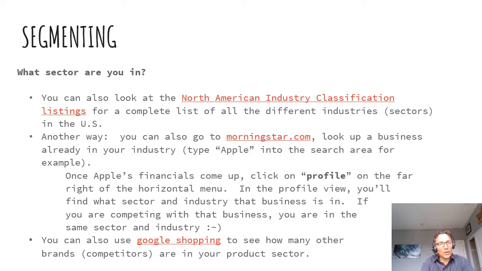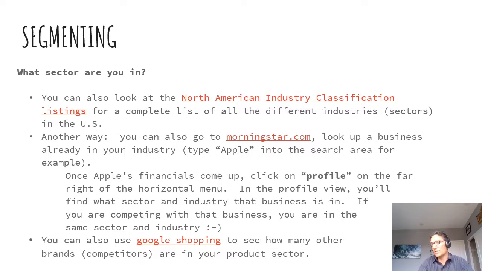Oftentimes, what marketers do is they fall in love with their product idea first, and they forget to think about the size of the industry. Is there even a large enough target audience that wants to buy this product idea? Are there already existing competitors that are entrenched and will be tough to compete against?